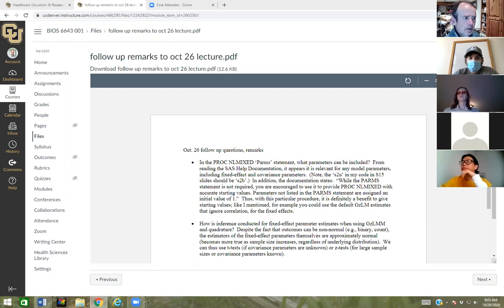Because for the LMM, we can do both. We can add random effects, and we know that that's one way to deal with repeated measures. And we can specify the error covariance structure, and that gives us a lot of flexibility in dealing with serial correlation.